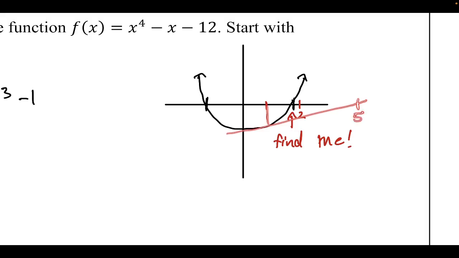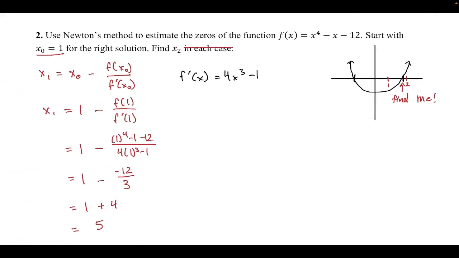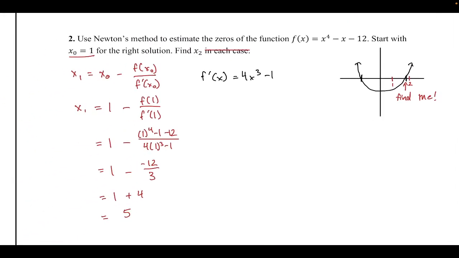So what we would now do is find tangent lines. So it'd be up here, we draw down, and it's going to be right around there. It just wanted x sub 2, so let's go ahead and find that. So x sub 2 would be 5 minus f of 5 divided by f prime of 5, which is 5 minus 5 to the 4th minus 5 minus 12 divided by 4 times 5 to the 3rd minus 1.